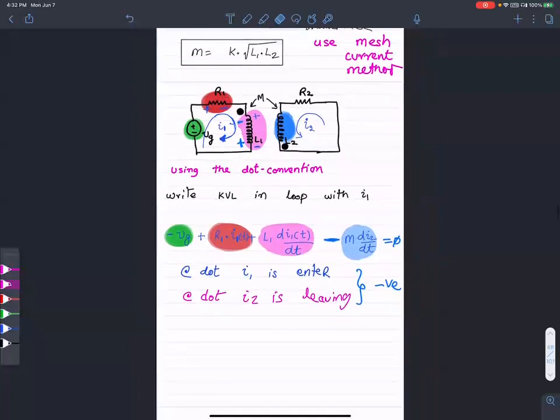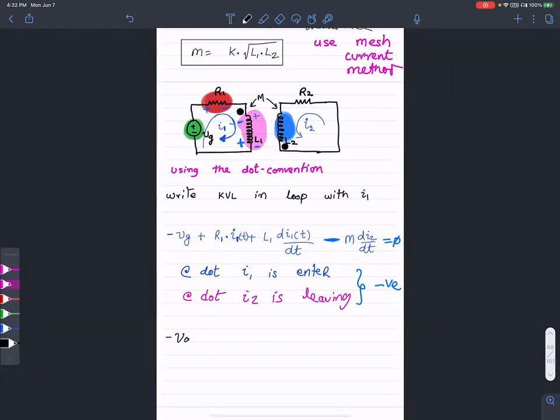For now, this is the idea. Now you can simplify this to negative VG, and then factor out I1, factor out di by dt, so on and so forth. But I'm going to leave it just there. I'm going to highlight this to be equation 1.